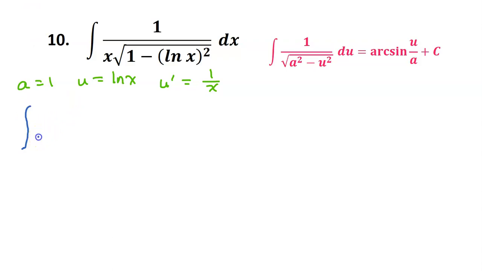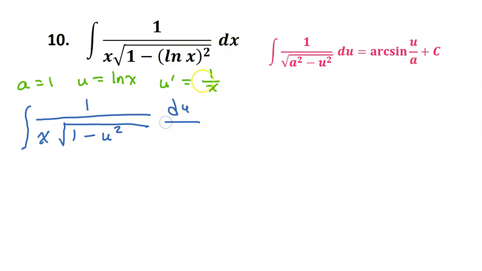So we're going to have x and then the square root of 1 minus u squared. All right, we have that 1 in the numerator. Instead of dx, we will write du over u prime, which is 1 over x.